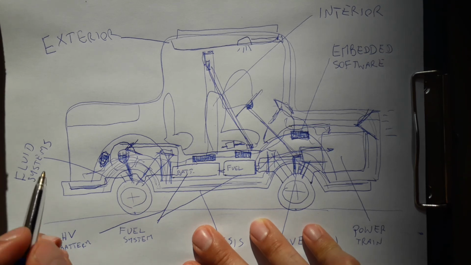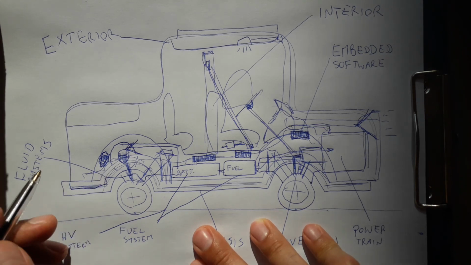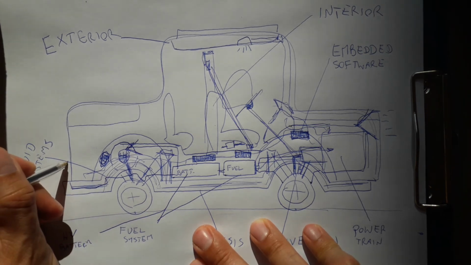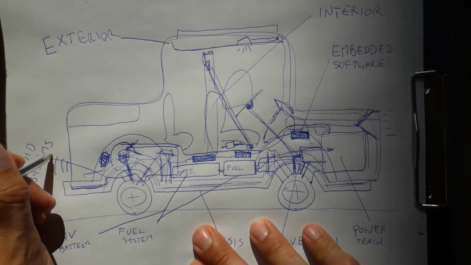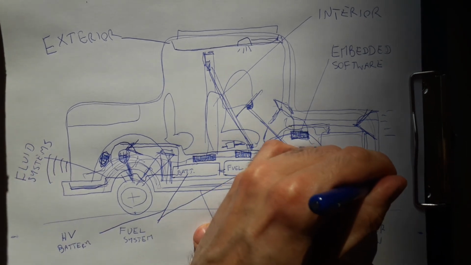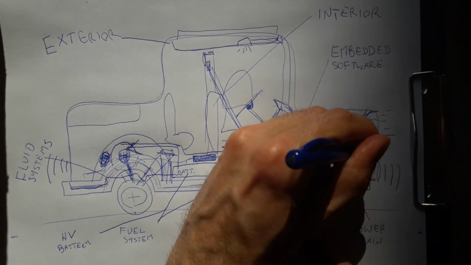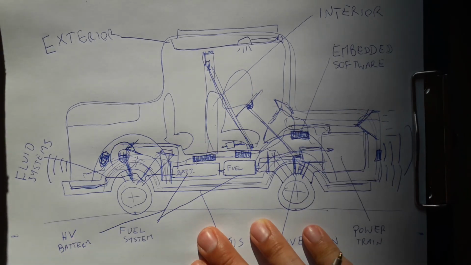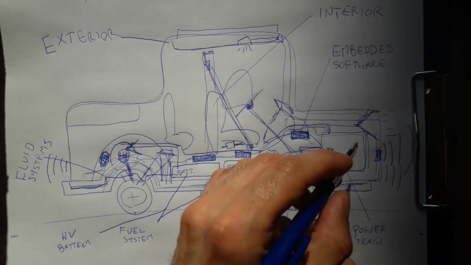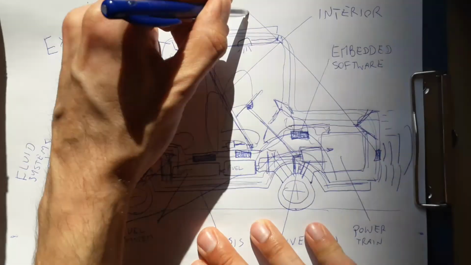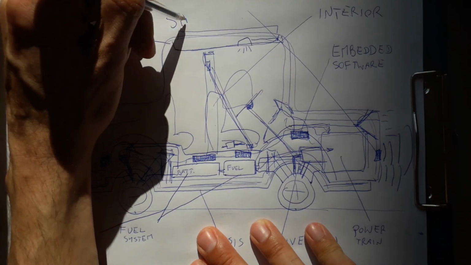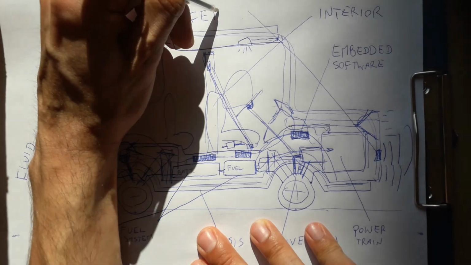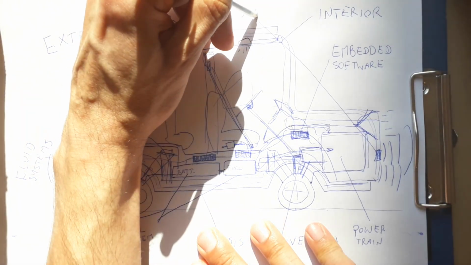We will have assistance like, for example, park assist, like, for example, a radar. Every system like this will be considered as safety systems.